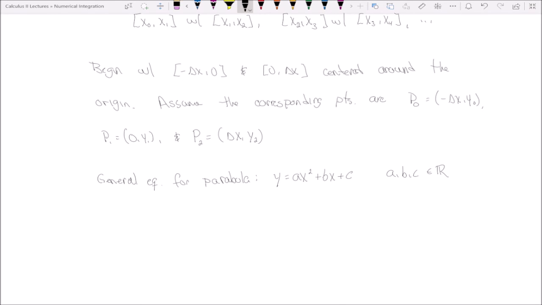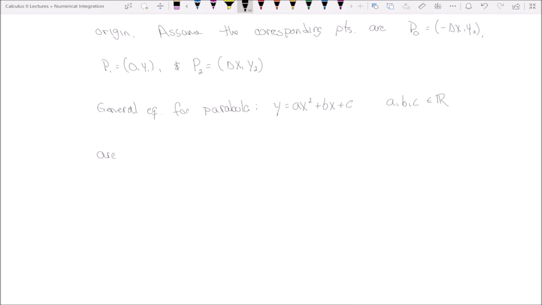Now, the area under this parabola is obtained by integration. It's the integral from negative delta x to positive delta x of ax squared plus bx plus c.